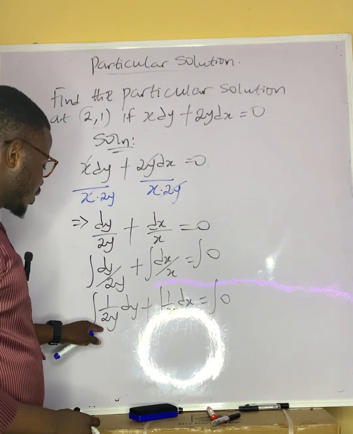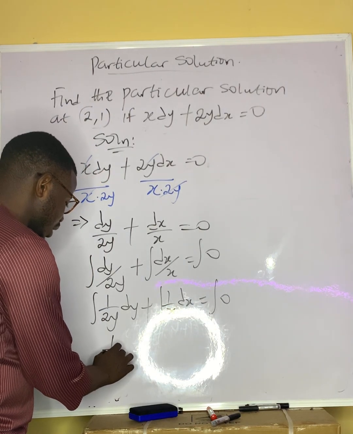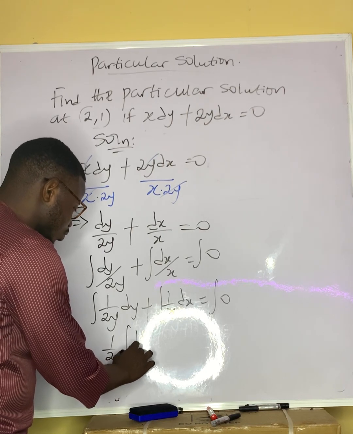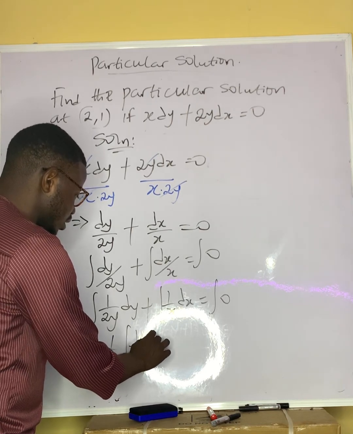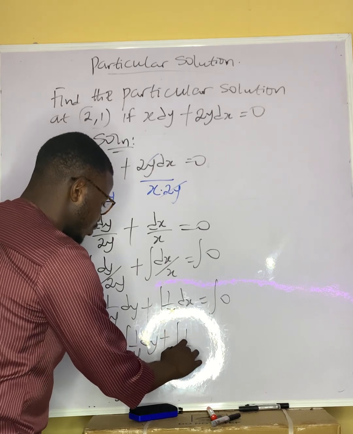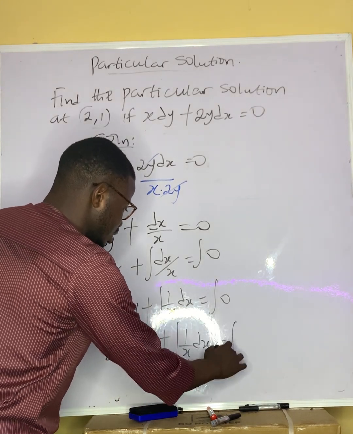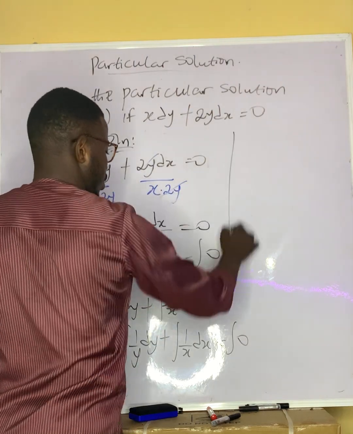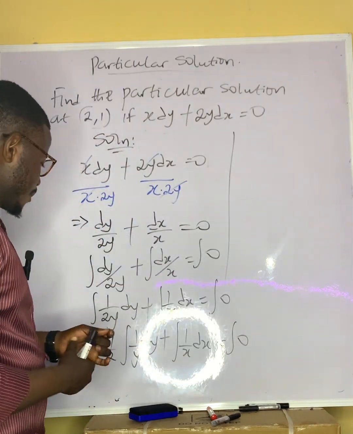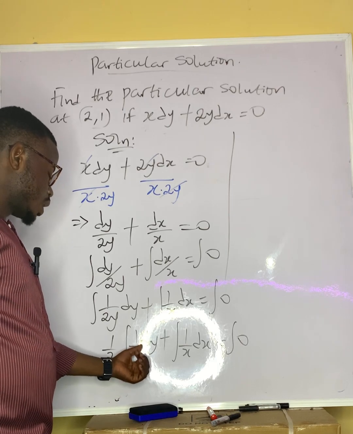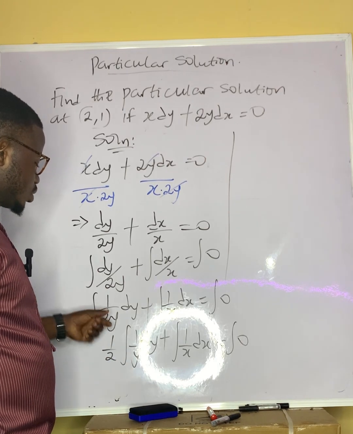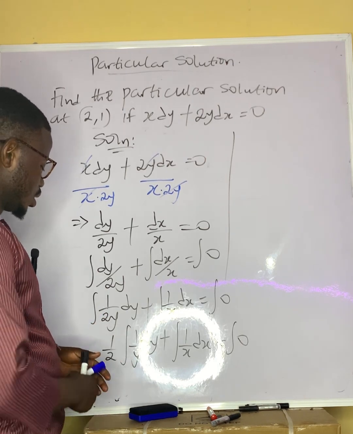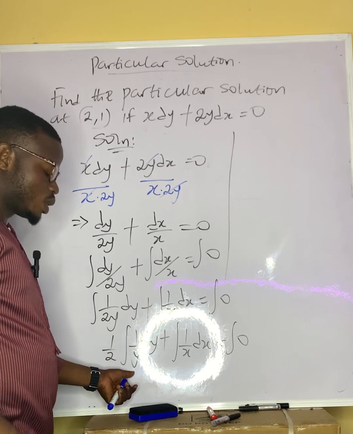So now from here, this 1 over 2 we can bring outside. So here we have 1 over 2, integral of 1 over y dy plus integral 1 over x dx equals to integral of 0. So 1 over 2 times 1 over y dy is still the same thing. Now at the down part we have y.